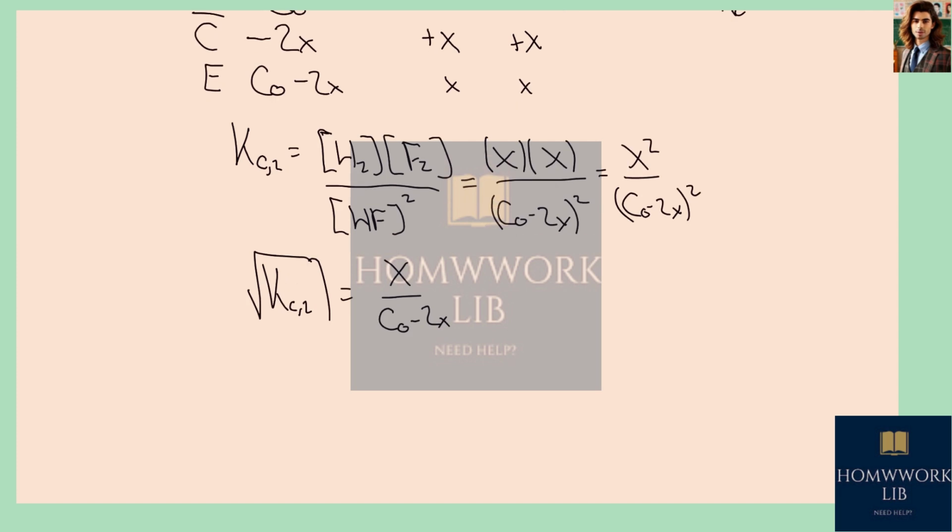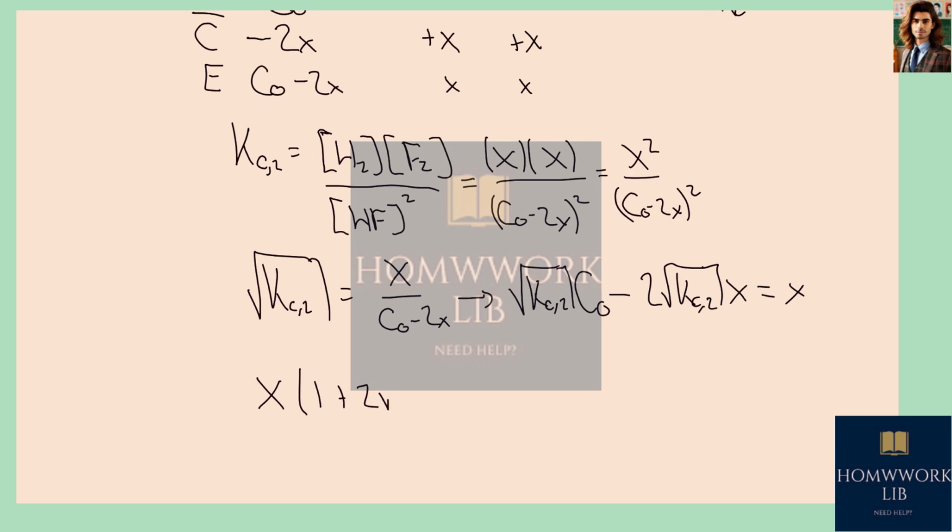We continue the procedure and solve for x. This now becomes square root of Kc2 times C0 minus 2 times the square root of Kc2 times x is equal to x. Putting the x's together on the same side, this becomes x times 1 plus 2 times the square root of Kc2.